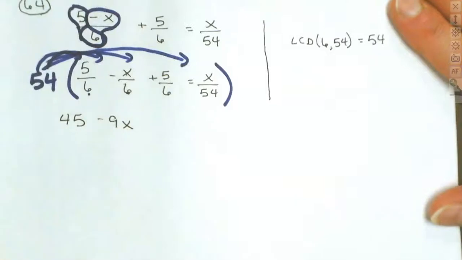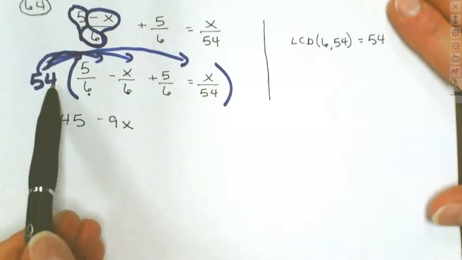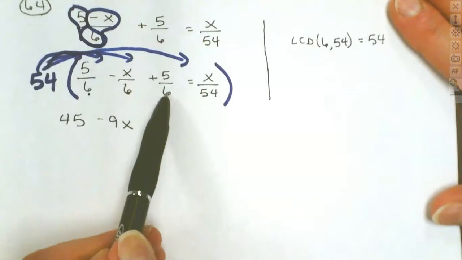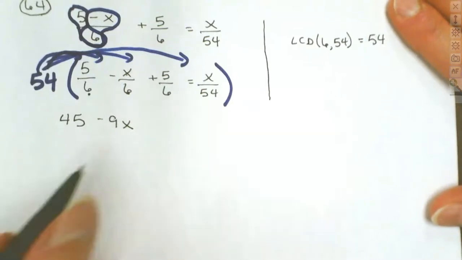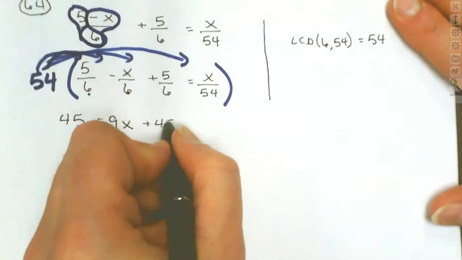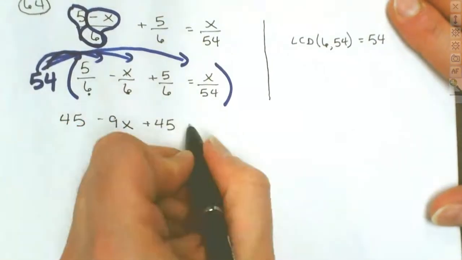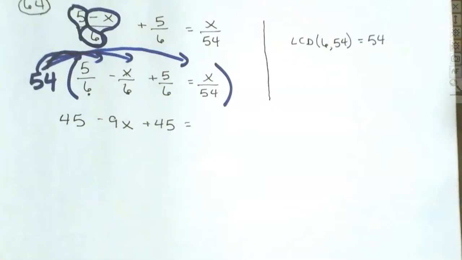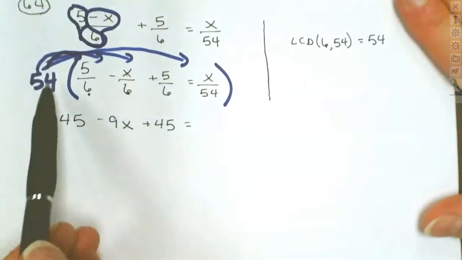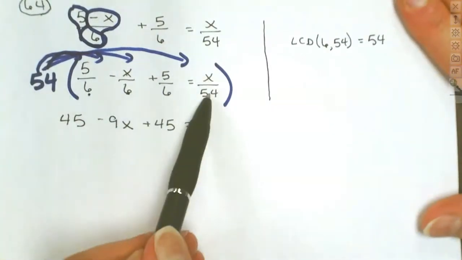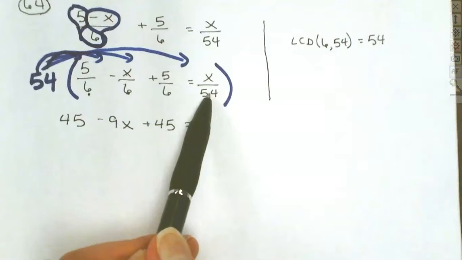Is everyone okay with that so far? Divide by the number down below, multiply by the number on the top. 54 divided by 6. What's that again? 9. 9 times 5 is a 45. On the right-hand side, what do we have? 54 divided by 54, well, that is a 1.